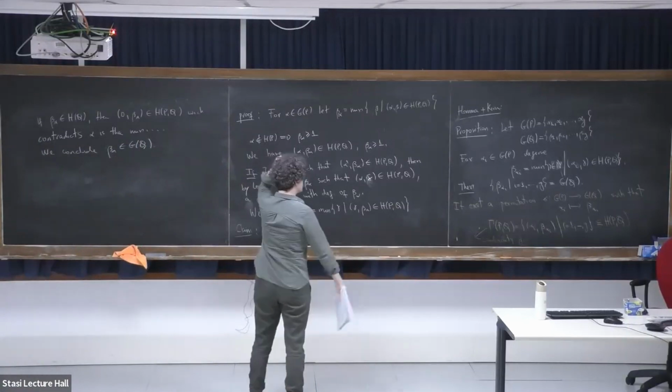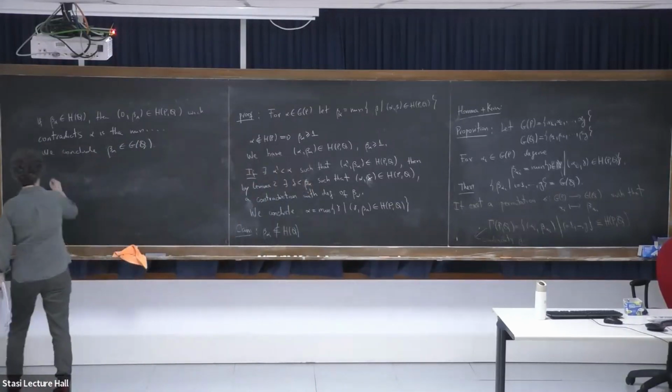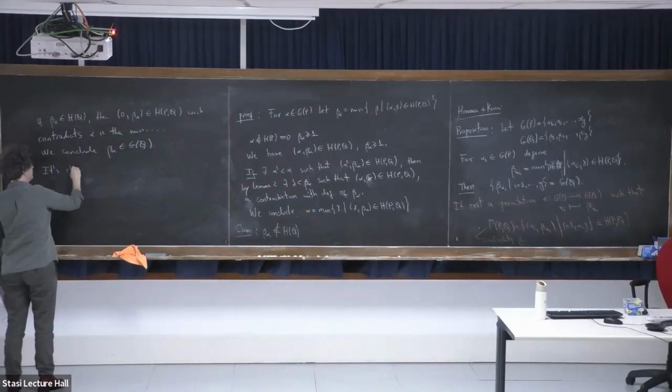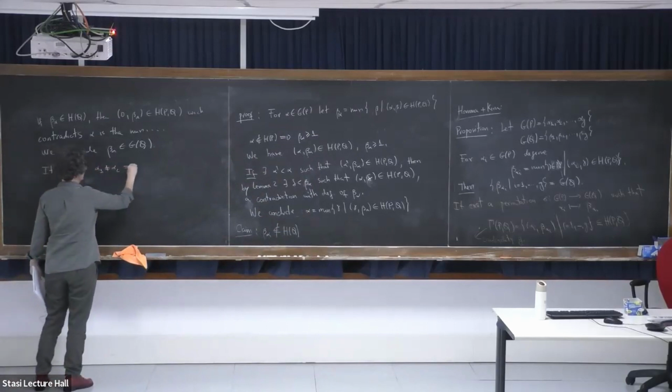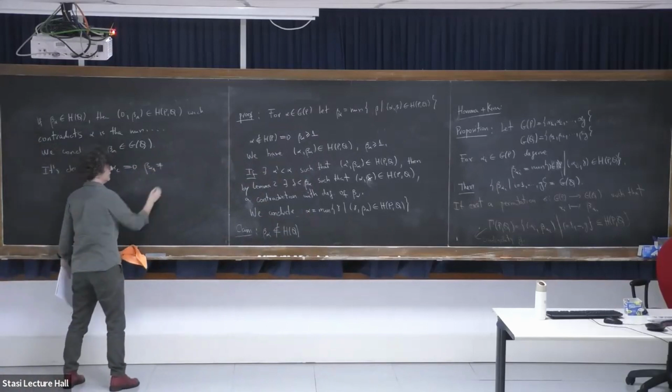Well, this is true. And now, since beta is the minimum, it's clear from the proof that if you take alpha 1 different from alpha 2, then the betas associated have to be different because they are the minimum.